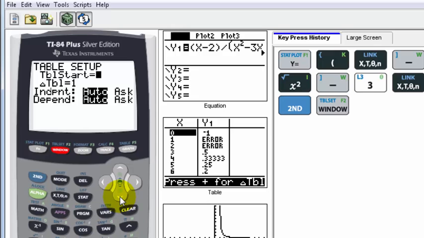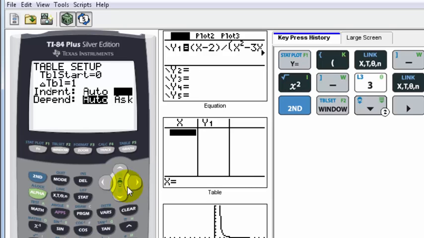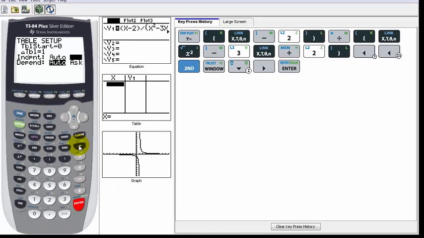So I'm going to arrow down to the line where it talks about the independent variable, which is my x variable, and I'm going to arrow over to ask, hit enter, and now ask is selected. So instead of it automatically setting up values for us, it's going to wait until we specify values.